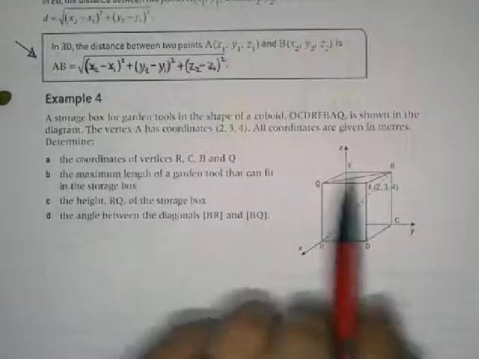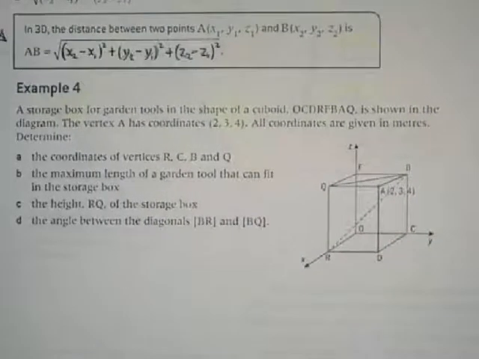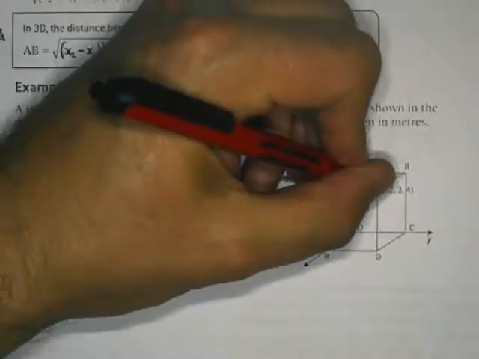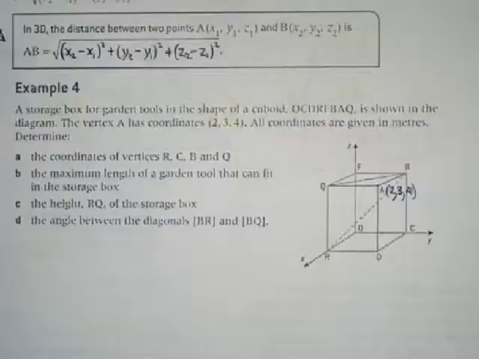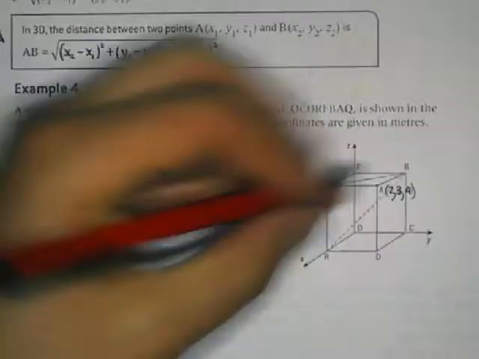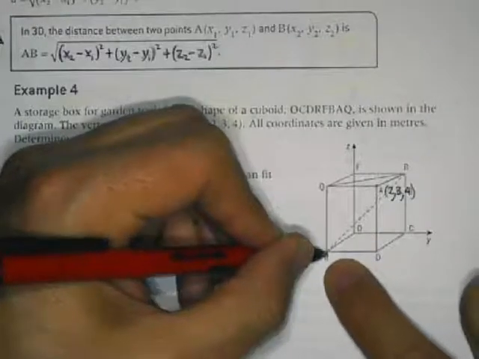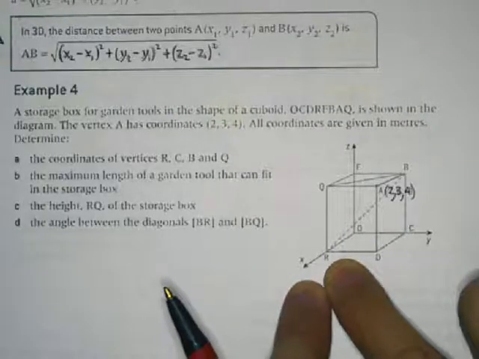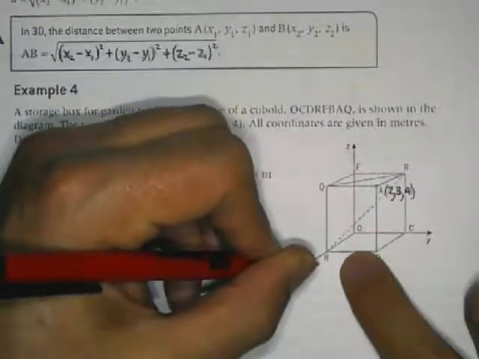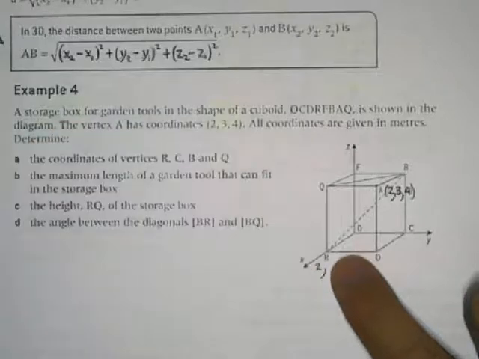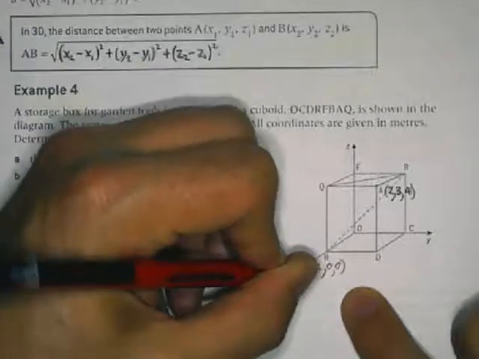So we've got this box, and we know the coordinates are 2, 3, 4 for point A. I'm just going to write these coordinates here so we know what they are. At R, we've gone out in the x direction 2, but in the y direction we've gone 0, and in the z direction we've gone 0 because it hasn't shifted up.